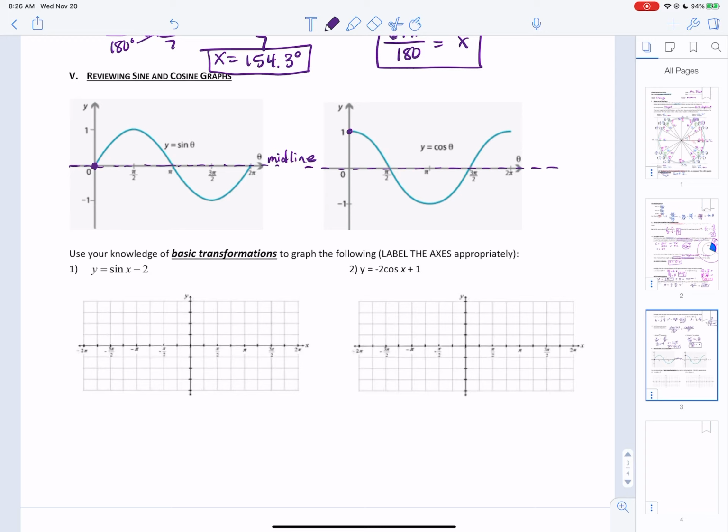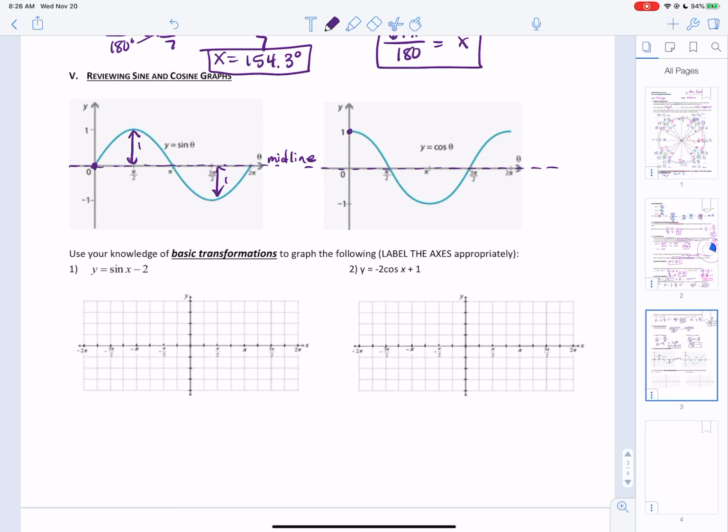Both of these are centered around the midline. If you look, you have a hill that goes above the midline and then a hill that goes below the midline. And it goes 1 unit above and 1 unit below.